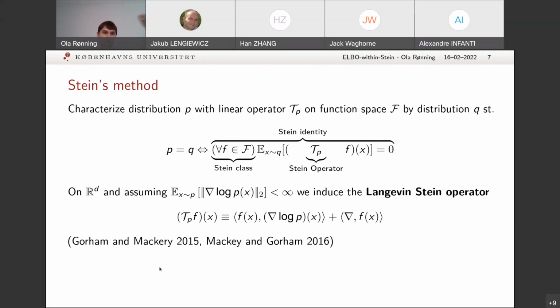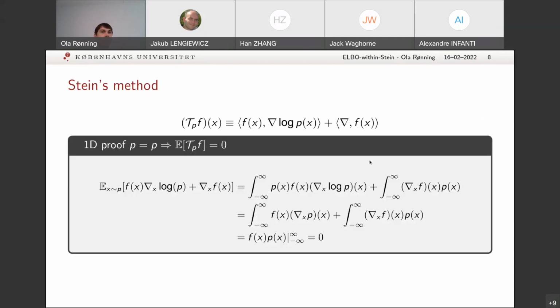This is work by Gorham and Mackey from 2015 and 16. And this operator is given here. A natural thing to check is, okay, if P equals Q, does this hold? And if P is not equal to Q, does it do what we expect it to do?